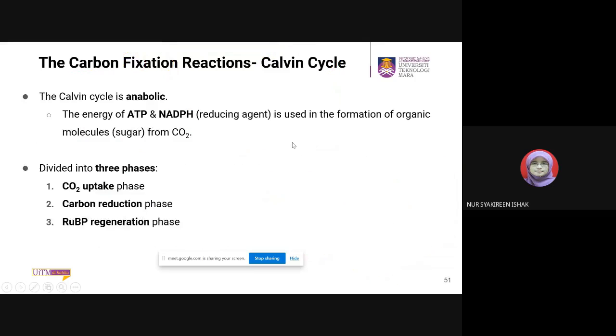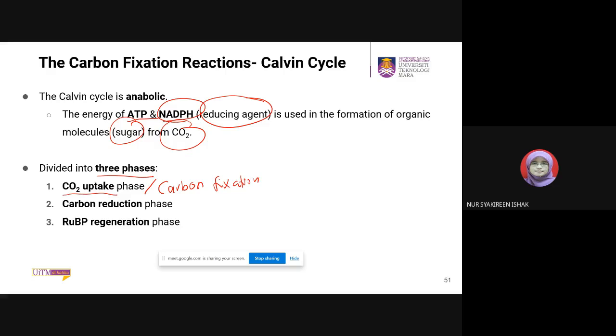Okay, so carbon cycle is anabolic. Anabolic maksud dia apa? Maksud dia require energy. So the energy comes from ATP and also NADPH functions as reducing agent. It's used in the formation of organic molecule, which is sugar, from carbon dioxide. So carbon cycle has 3 phases. The first phase is carbon dioxide uptake, ataupun kita boleh panggil dia sebagai carbon fixation phase.